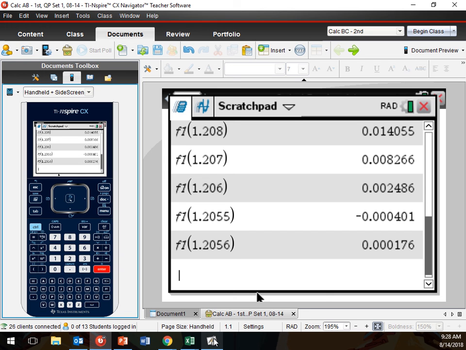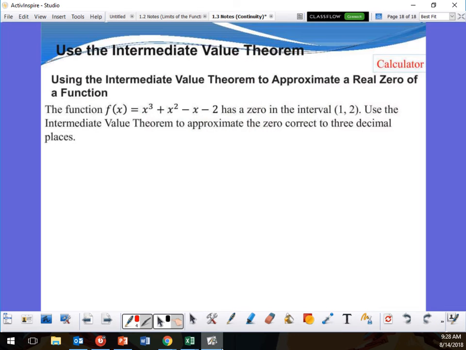So it's going to be 1.206, because the 5 is going to round up and the 6 is going to round up because it's in between there. So for this one, it's going to be 1.206.